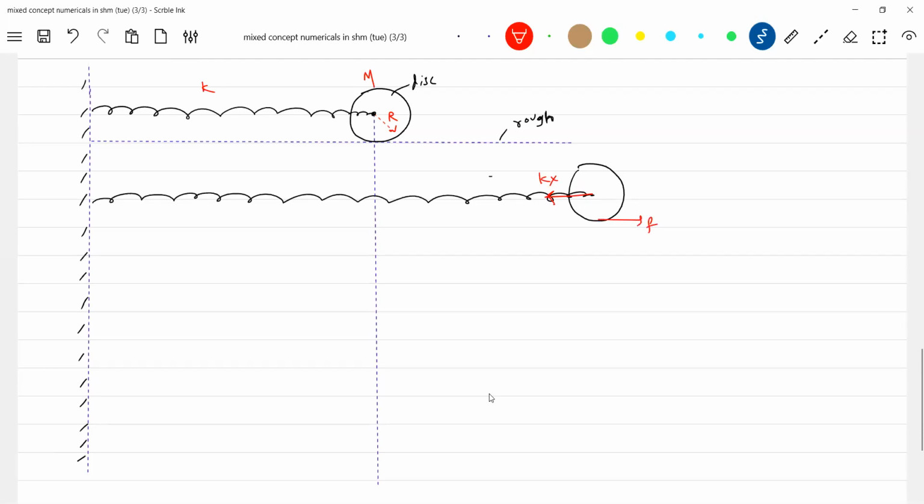The friction, how the torque, I'm going to release from rest. Now the friction will be in this direction. What about the acceleration? The acceleration of center of mass, there will be torque about center of mass.